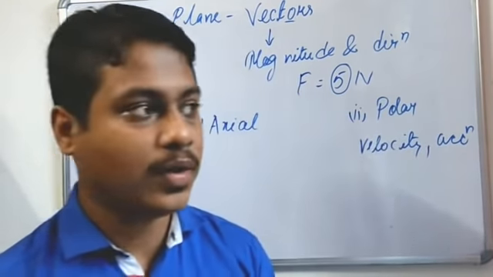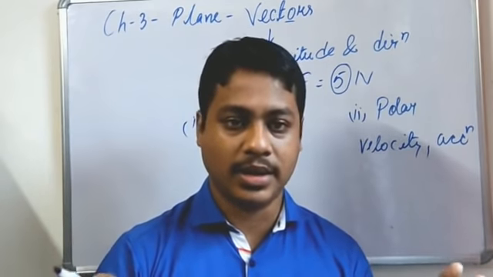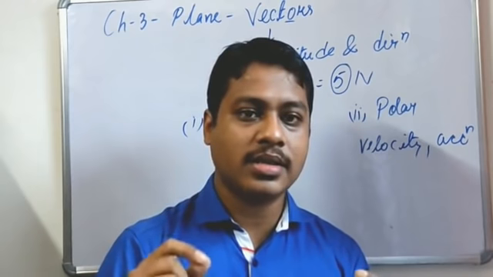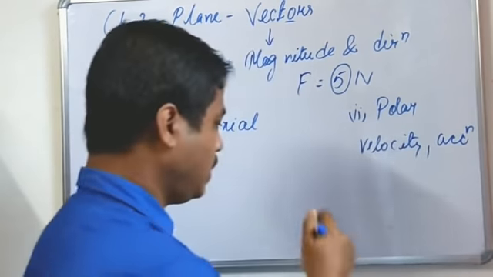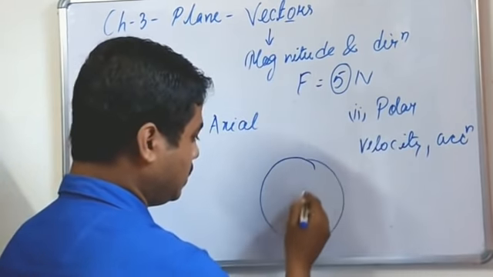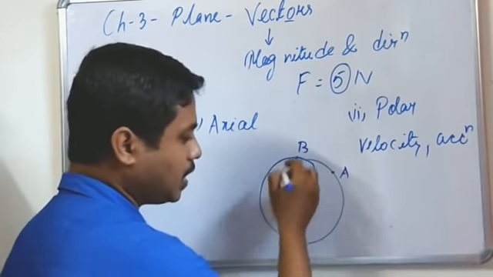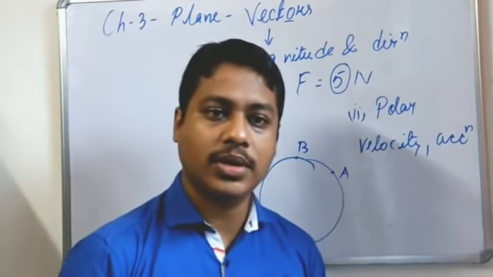Suppose a person is moving in a circular path. How will you know how much distance the person has moved? I'll consider this as a circular path. The person is moving from here to here. How will you know how much it has moved?